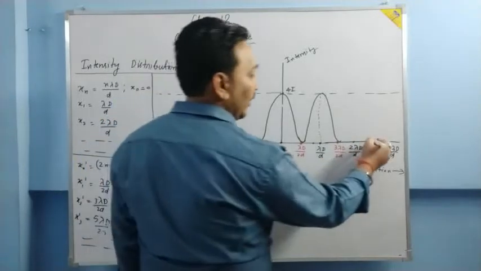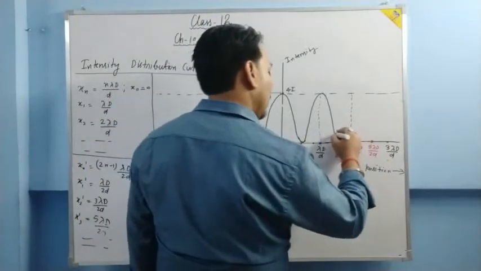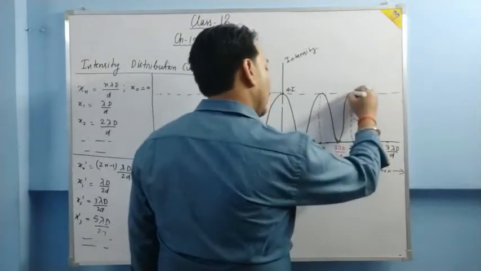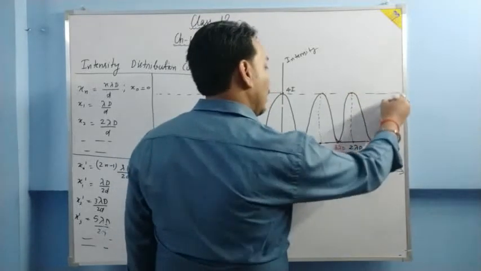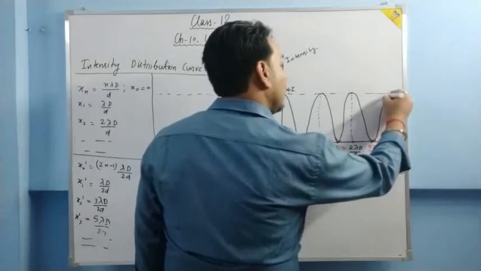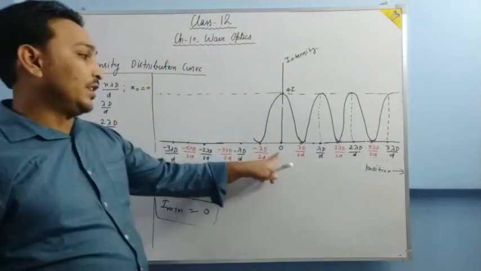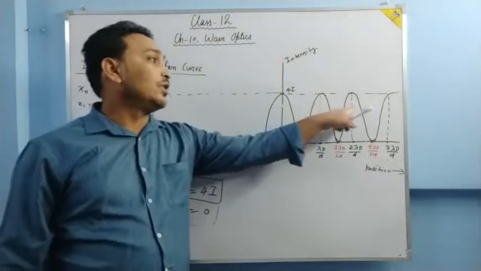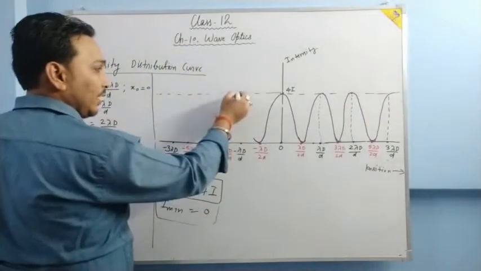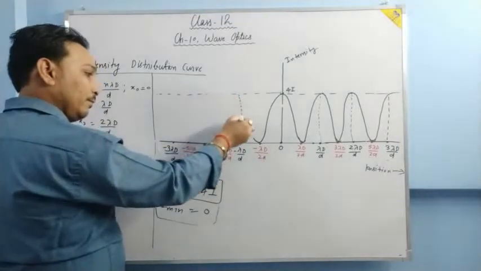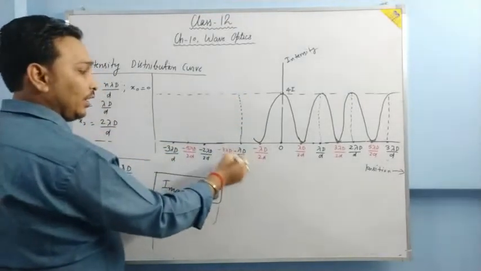Okay, the third maximum, this is the minimum. Here the maximum is at this. This is your central maximum, this is your first maximum, this is your second maximum, this is your third maximum. Same way here also, the first maximum is somewhere here at minus lambda D by d.